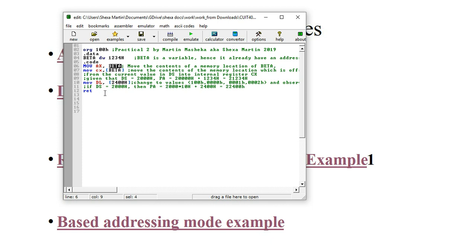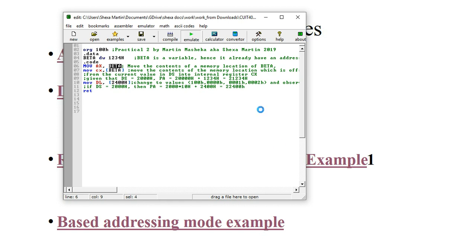Right, here we have another instruction which is saying move the contents of memory location 2400h into DL. But do you have anything in 2400h? If we don't have anything, nothing is going to be inputted into DL, right? But if we have something, that something is going to be moved to DL.